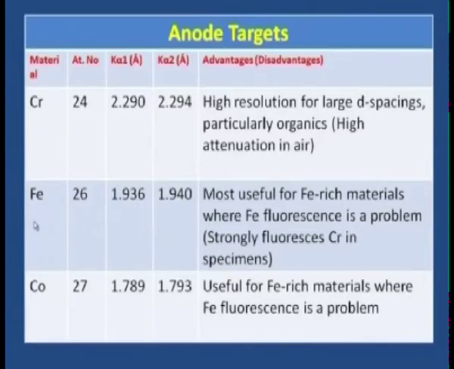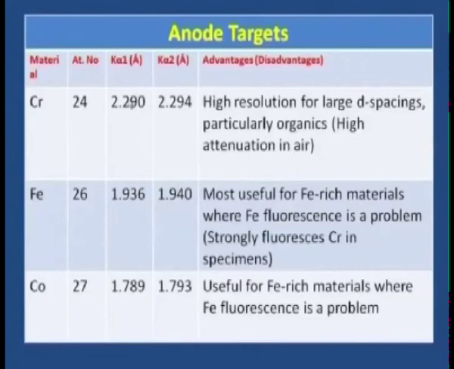An iron target is most useful when you want to study iron rich materials. Iron rich materials can be studied using an iron target. So, the target material is an important feature.